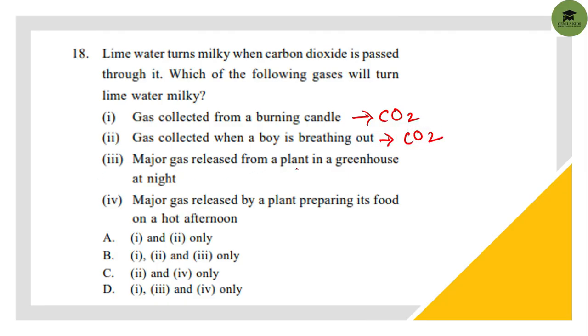Major gas released from a plant in a greenhouse at night. This is carbon dioxide. Major gas released by a plant preparing its food on a hot afternoon. It is oxygen. So your options 1, 2 and 3 are correct. So in this question, option B is your correct answer.